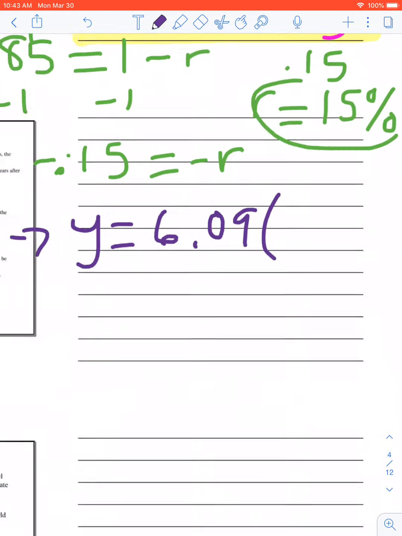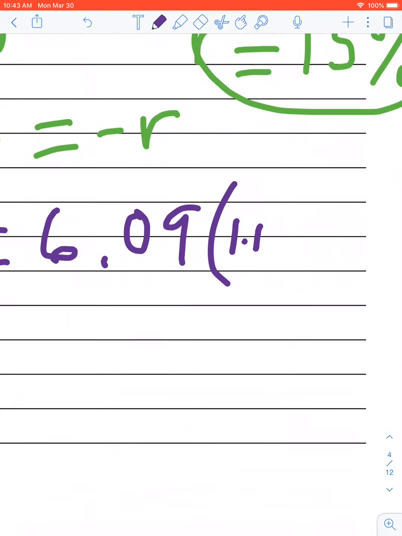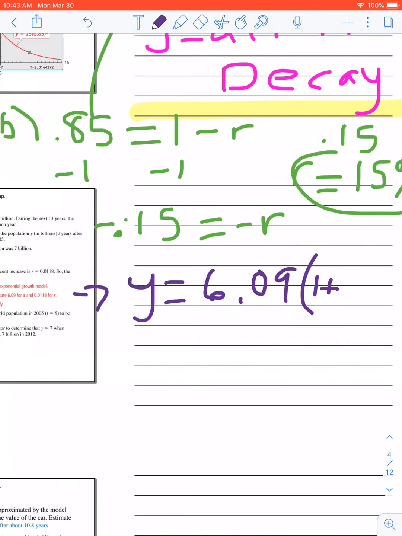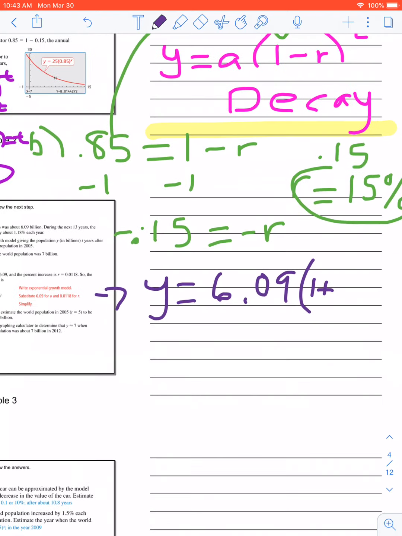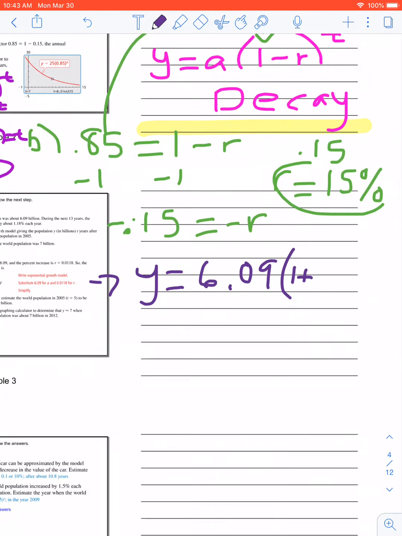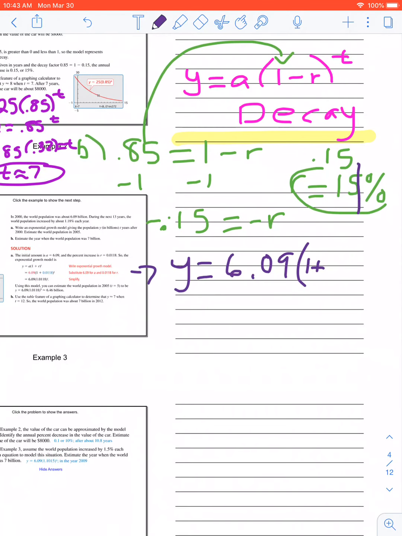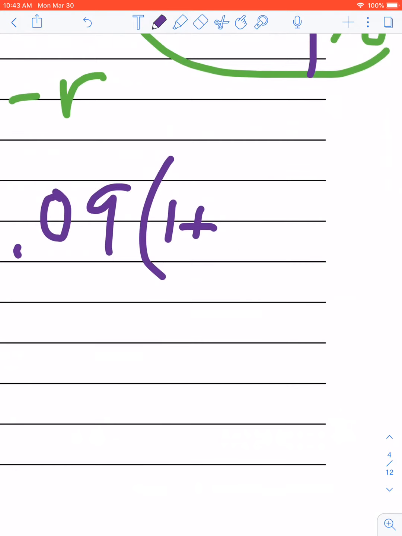Okay? And then it's going to be 1 plus, here's the issue where most people are going to make a mistake. You have to change that percentage to a decimal. In order to change your percentage to a decimal, you divide by 100, so I just move the decimal point to the left twice. And so when I do that, I get 0.0108.